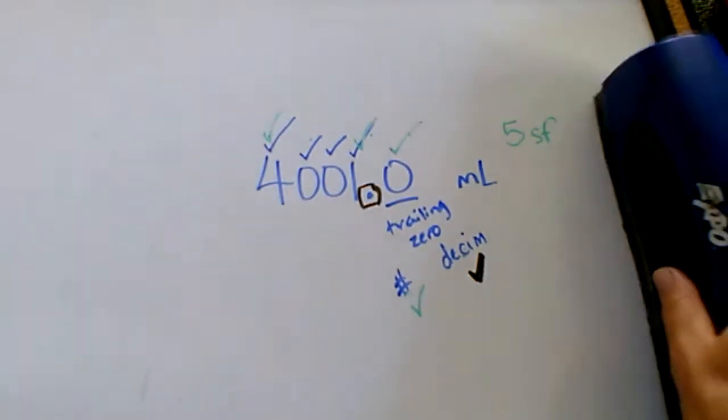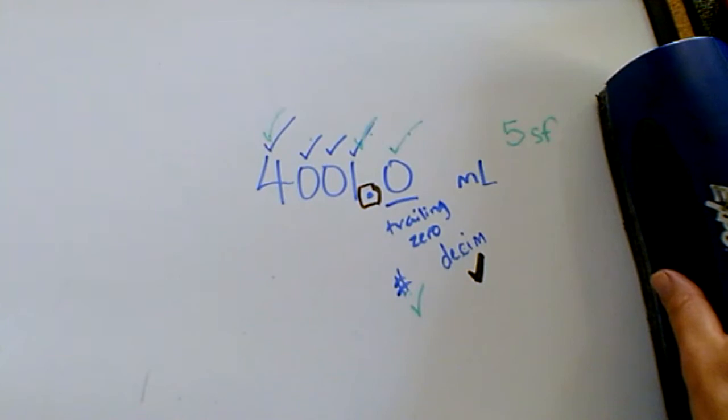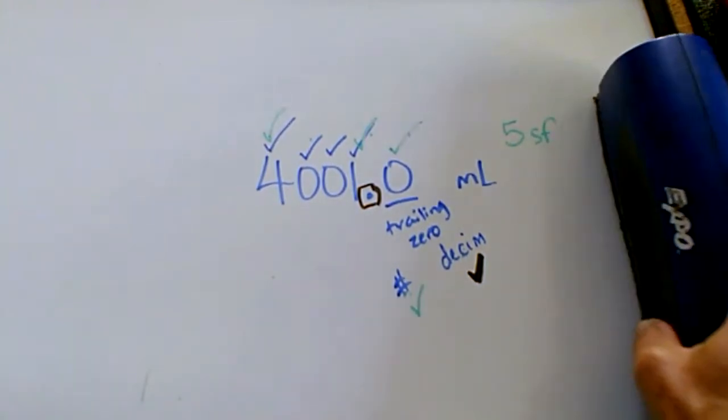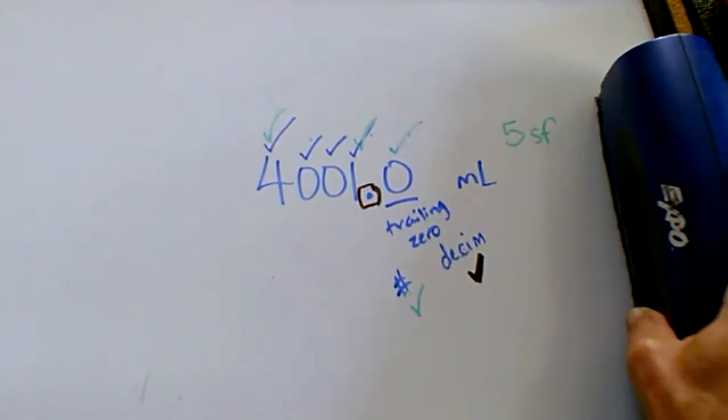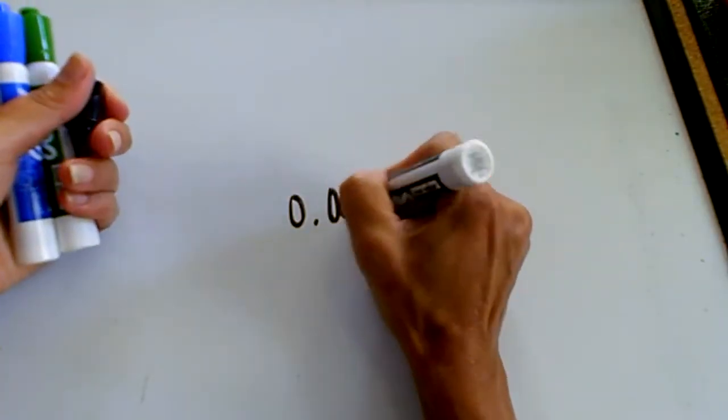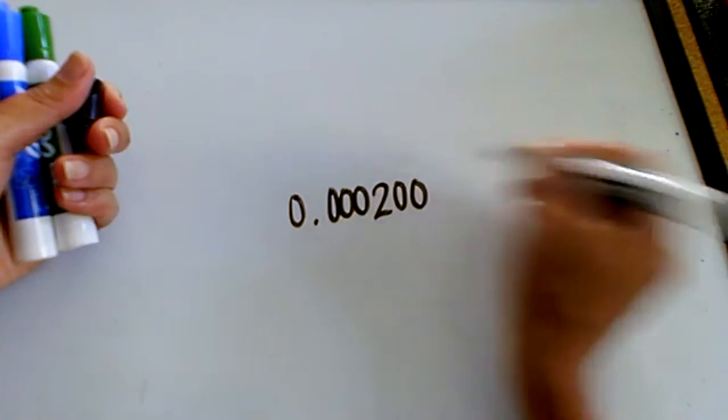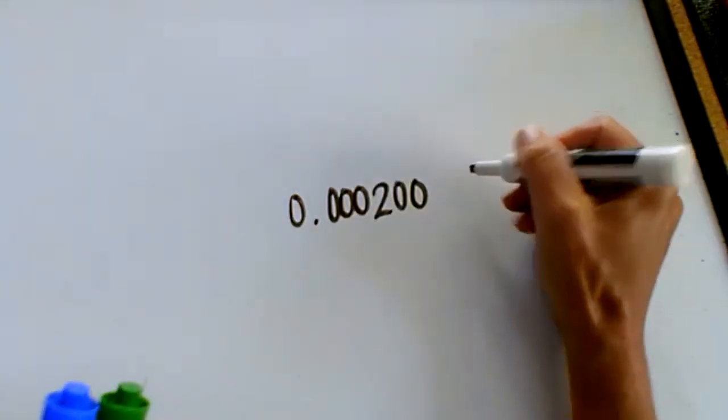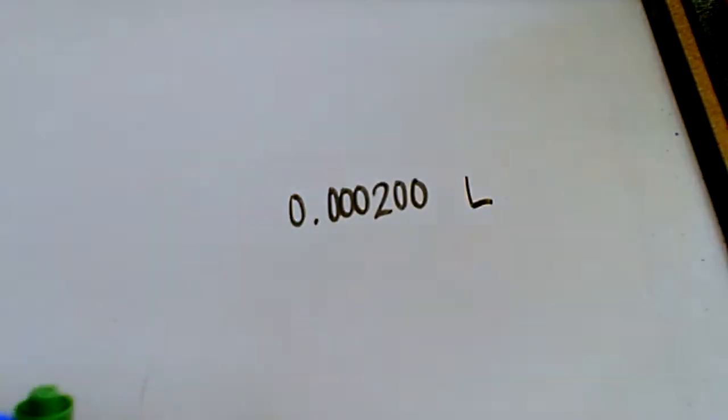All right? Precision can be used in a couple different ways, if you were thinking back to our previous definition. It's all about the zeros, guys. Students get confused with zeros. 0.000200 liters.